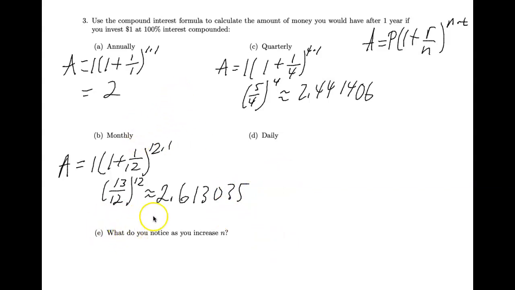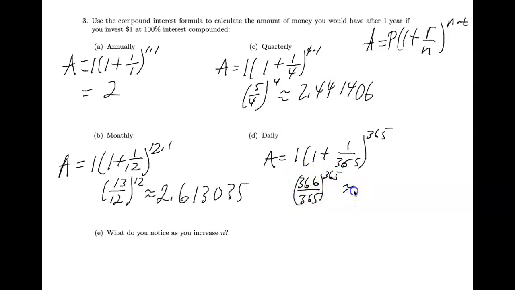Just peeking at part E, we want to notice what's happening to our answers as n is increasing. When we look at part D, daily, n is 365, so we'll have 1 plus 1 over 365 to the 365, which is 366 over 365 to the 365, which comes out to approximately 2.17.